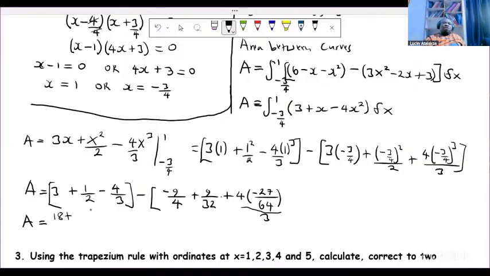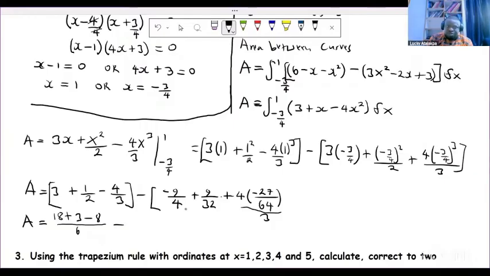So 6 here, this is 3 now, minus 3 times 2. 3 in 6 is 2, 2 times 4 is 8, over 6.